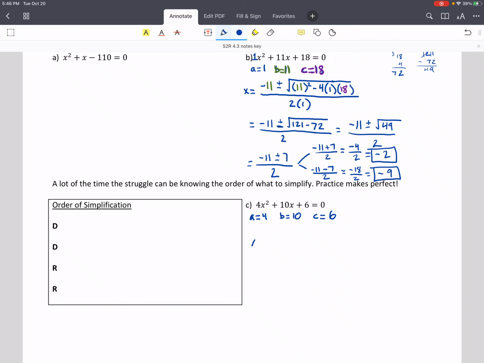All right, I'm going to follow my formula. x equals negative b. Well, if b is 10, negative b is negative 10. I'm just going to write this formula again so we can see it on this same page. Negative 10 plus or minus the square root of 10 squared minus 4 times a times c, all over 2 times a.